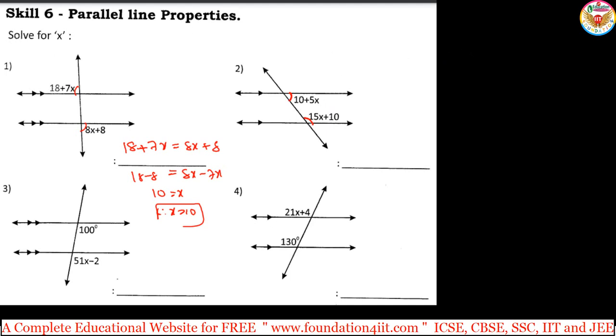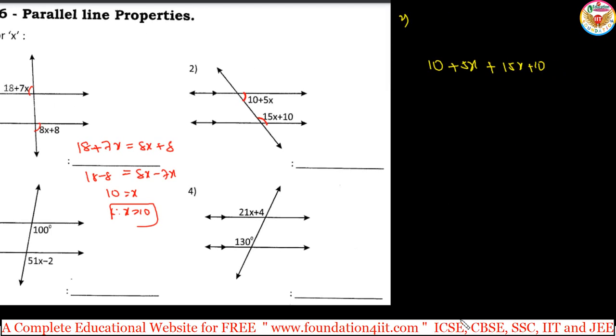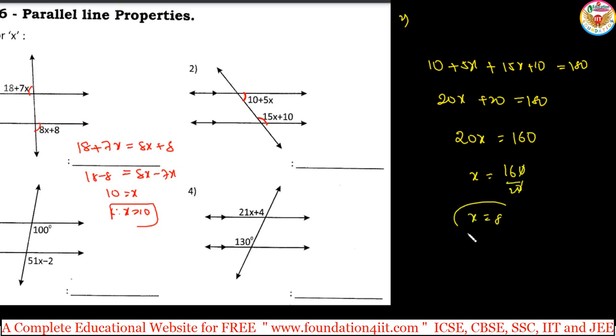As per the rule, question number 2: 10 plus 5x plus 15x plus 10 should be equal to 180. Same side of the transversal is equal to 180, remember. 5x plus 15x is 20x plus 20 is equal to 180. Then 20x is equal to 160. x is equal to 160 divided by 20. 0, 0 cancel. x is equal to 8.